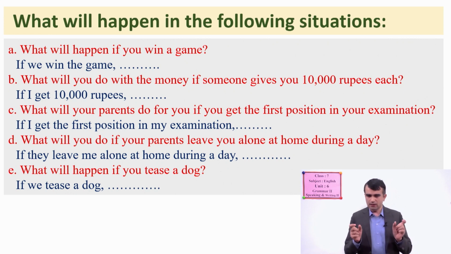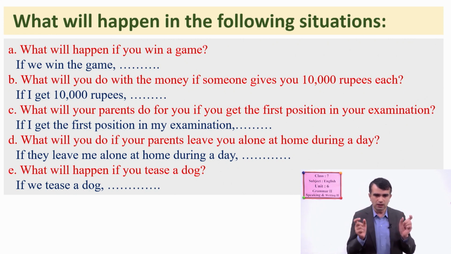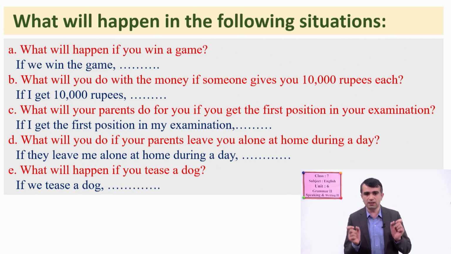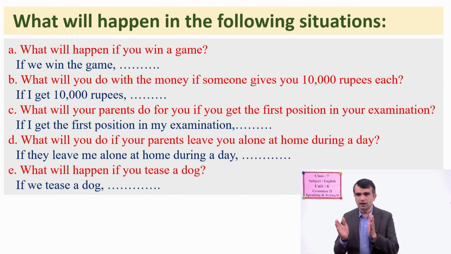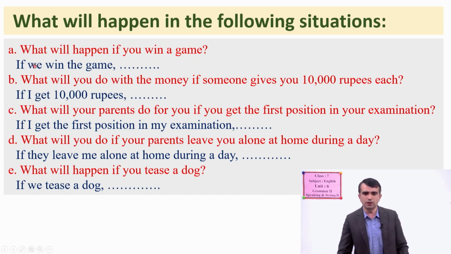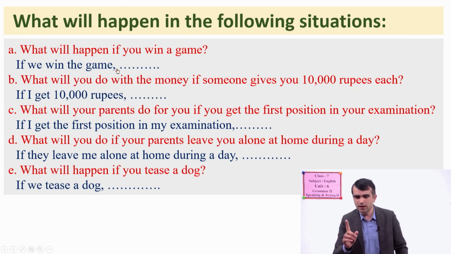Now, the answer is, if we win the game, or you can also start with if I win the game. Okay, this is the if part, and the main part, I will, or we will, you can use. Now, if you use we here, you can use if we win the game. What may be your answer? If we win the game, we will be happy.